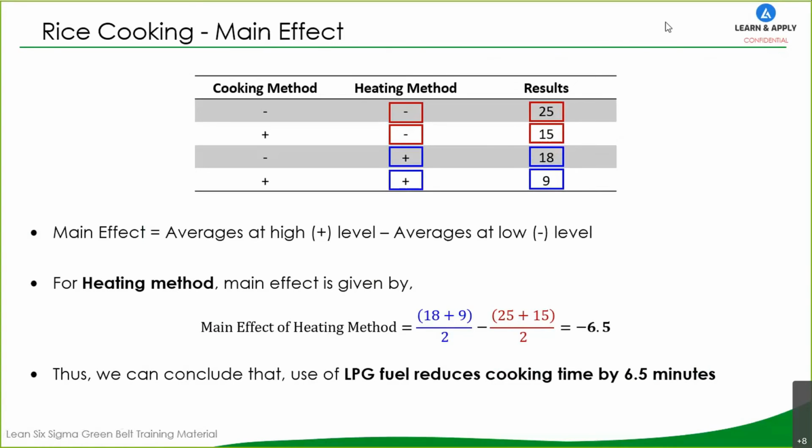Okay, is it clear what a main effect is and how to calculate it? We have two factors, so two main effects: one for your heating method, one for your cooking method. The number of main effects depends on the number of factors.